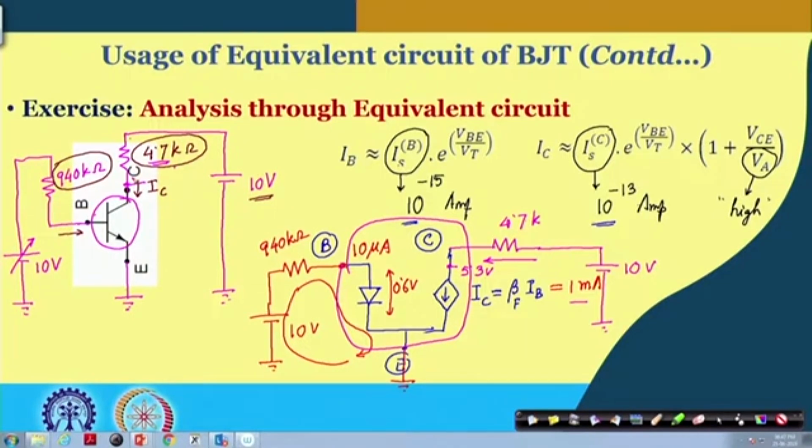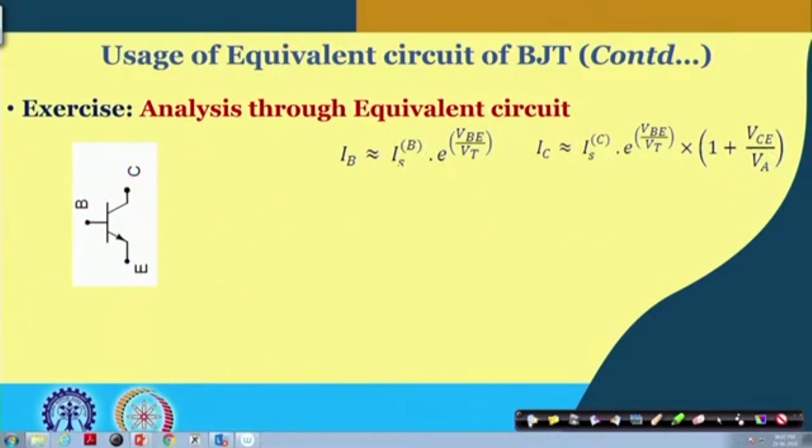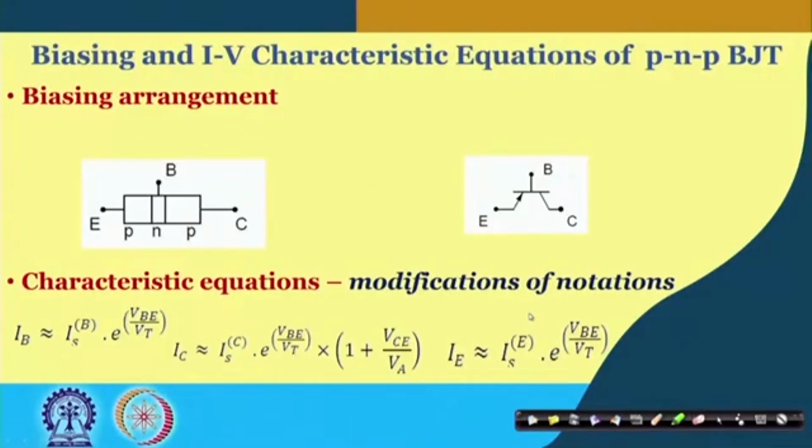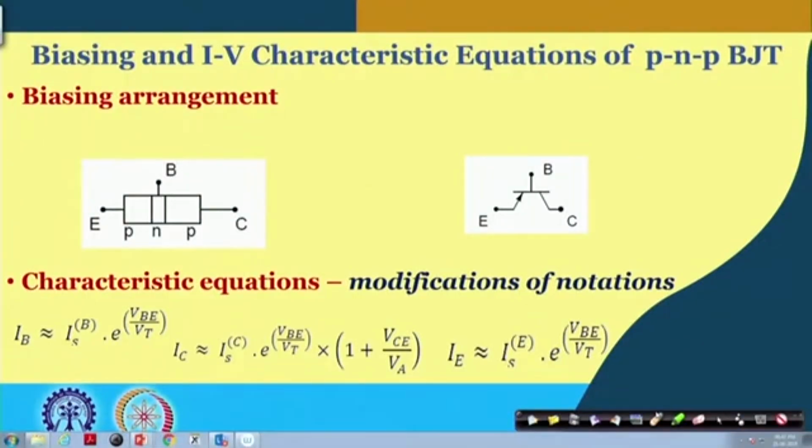Now, so far we are considering the NPN transistor. If you look into the PNP transistor, on the other hand, it is very similar, but of course, the 3 islands or 3 regions are different. Namely, we do have P region, and then N region, and then P region.